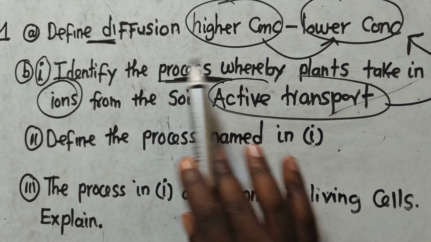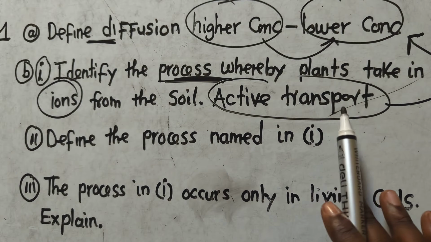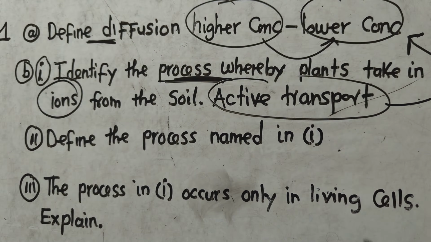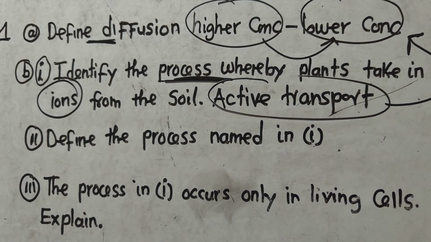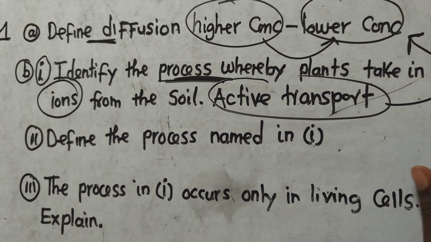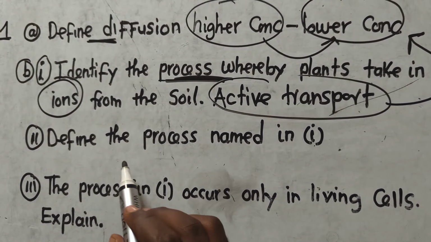Diffusion was across a concentration gradient. This one, active transport, is against a concentration gradient.